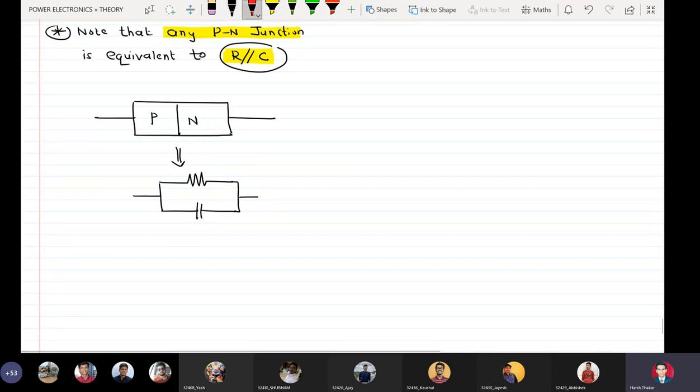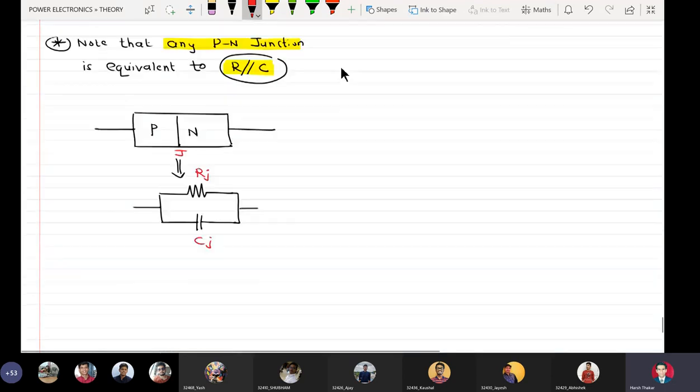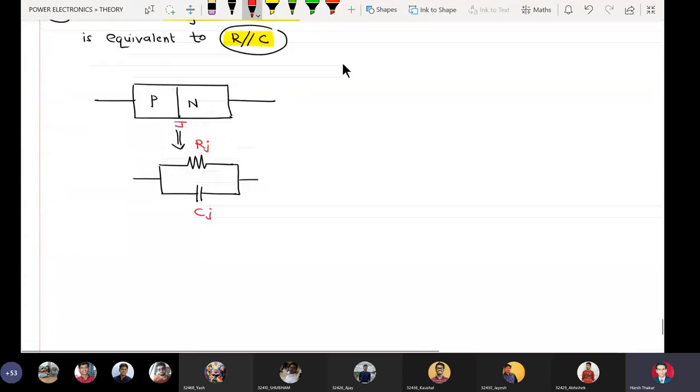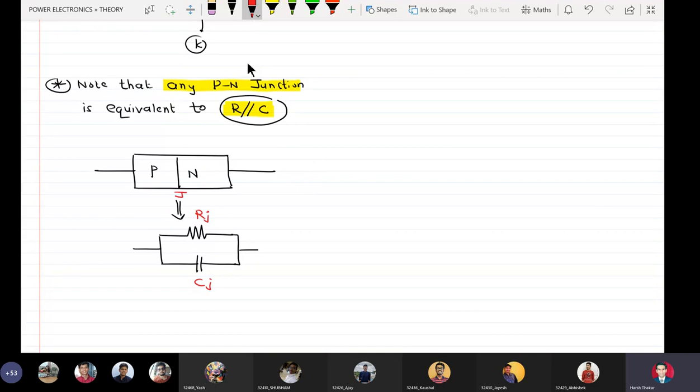So students, if this is junction J, then this is the resistance RJ and this is the capacitance CJ. So every PN junction is a parallel connection between RJ and CJ. Got the point? So we have three PN junctions here.